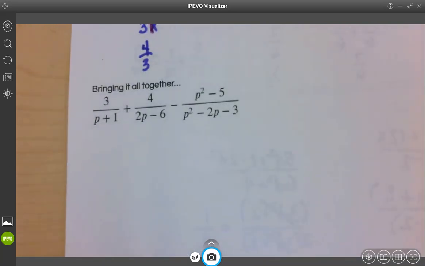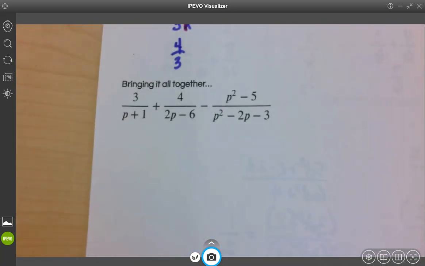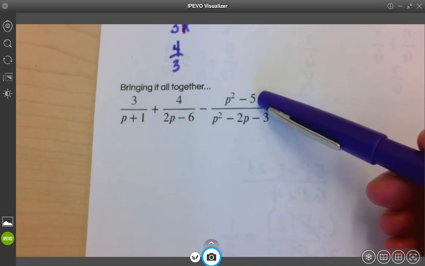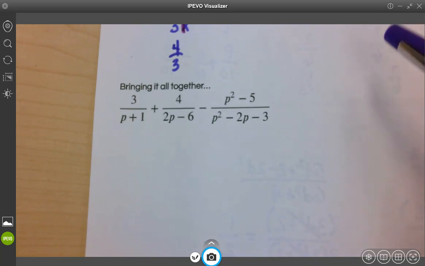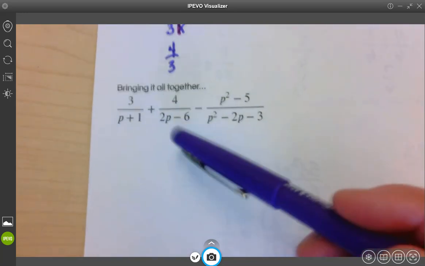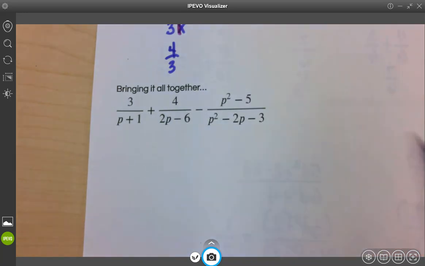All right, let's see what can be factored. Definitely not the 3 or the 4. What about p squared minus 5? Does that factor? Yeah, because it's almost difference of squares, except that 5 is not a perfect square, right? All right, this one doesn't factor, but this one does. What common factor can I take out of 2p minus 6? 2.